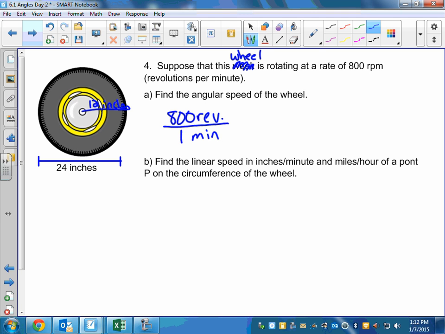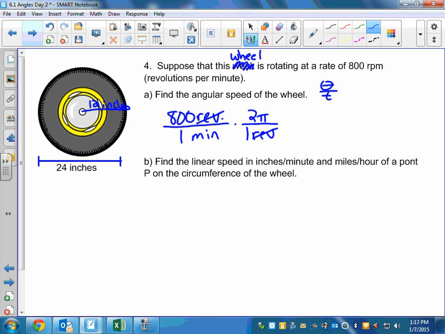We want to change that. Angular speed, we said, is theta over time. The time it only tells, we're going to just leave it in minutes. But how many radians are in 1 revolution of a circle? 2 pi. So could I say in 1 revolution there are 2 pi radians so that those revolutions cancel out?